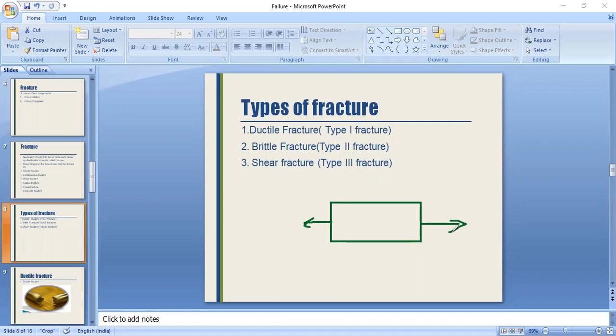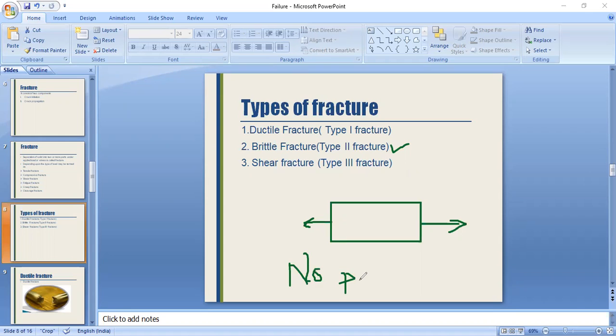When it is under loading condition, the metal or the material may fracture without plastic deformation. It is a sudden failure of the material, or a sudden breakage of the material. It is not going to deform plastically. So we call it a brittle fracture. No plastic deformation, or very little plastic deformation, in the fracture.